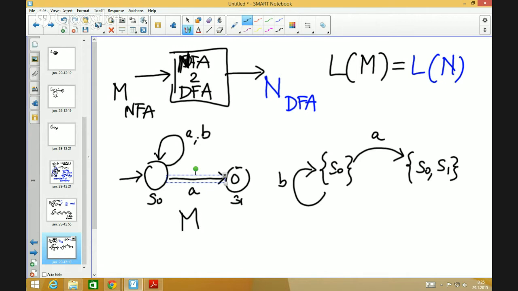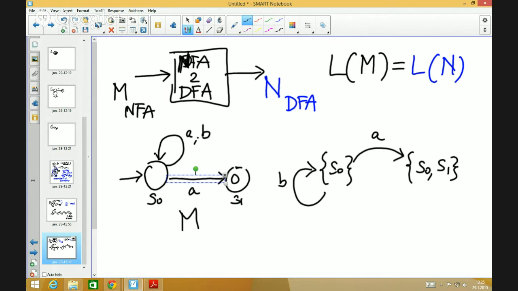Where can I go next? Remember, I'm either in S0 or in S1. I read B, so the places where I can possibly go are those that I can reach if I were in S0 and I read B, plus those that I could reach if I were in S1 and I read B.